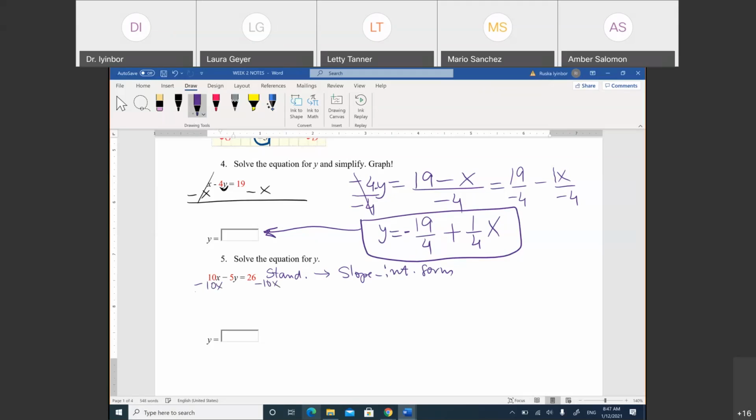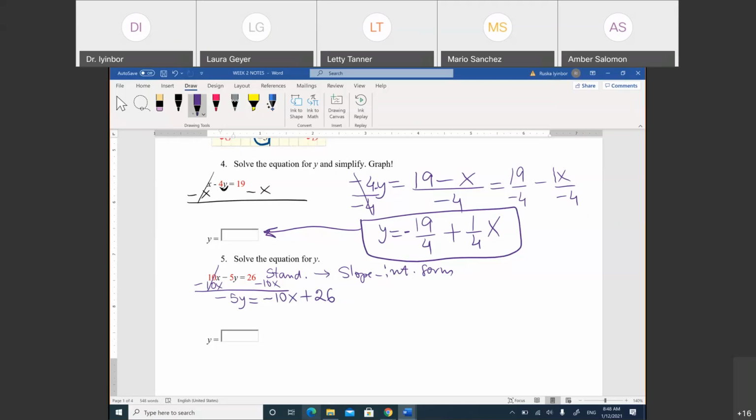So 10x minus 10x cancel, so you have negative 5y equals, and you're going to copy. You can put x in front if you want, negative 10x, or you can put 26 in front, doesn't matter. I'm going to put negative 10x plus 26. You copy those because they're not the same. You can't combine x and numbers. They're not like terms. So you're going to bring them down only.